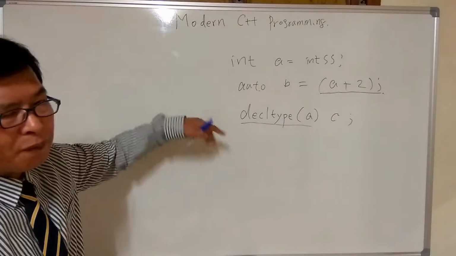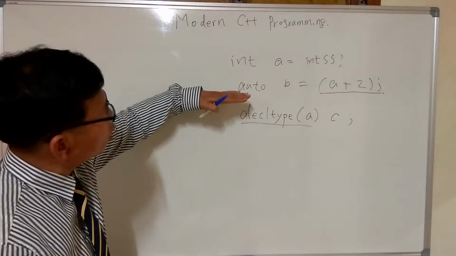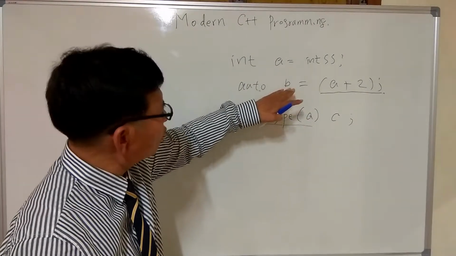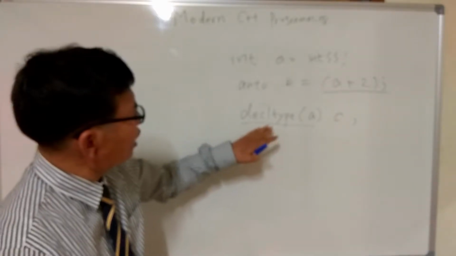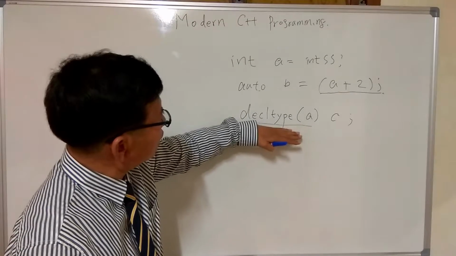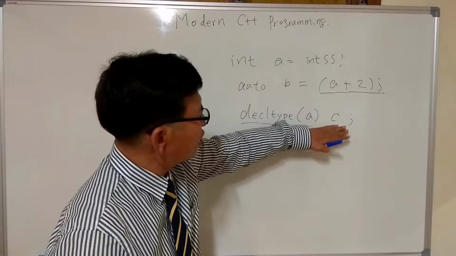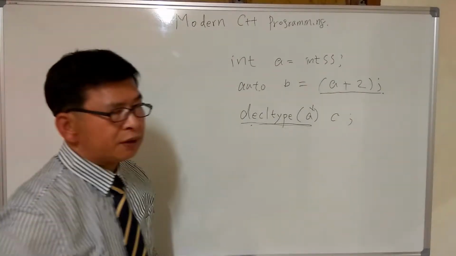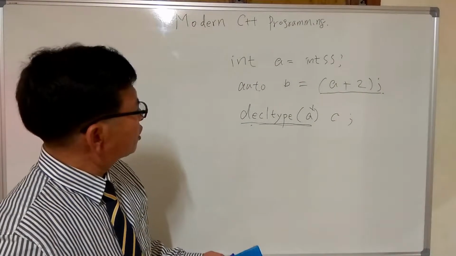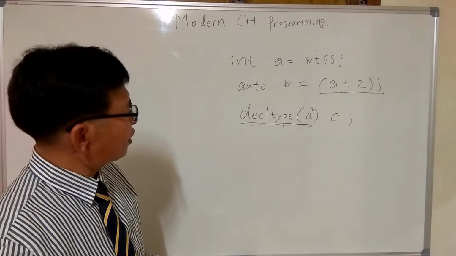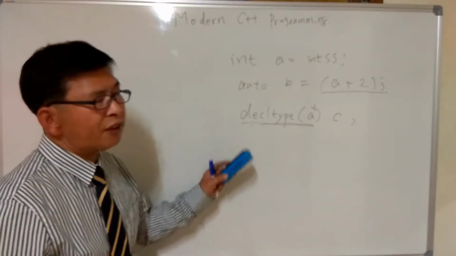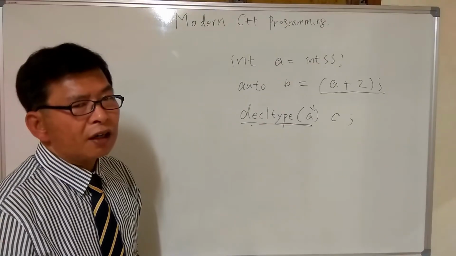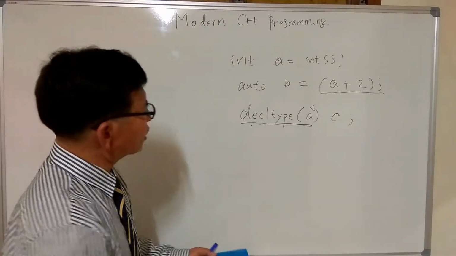So this is one of the biggest differences. In the case of the keyword auto, we have to initialize when we declare a new variable or name. In the case of decltype, we don't need to initialize because the type can be deduced. There are also other very important differences, but more about decltype I will talk about in future videos.